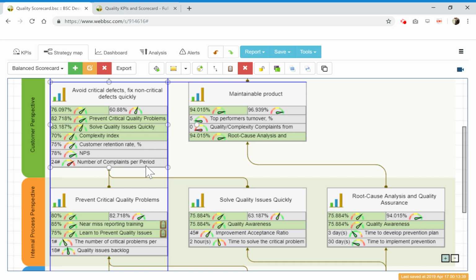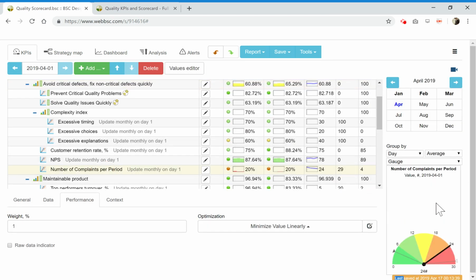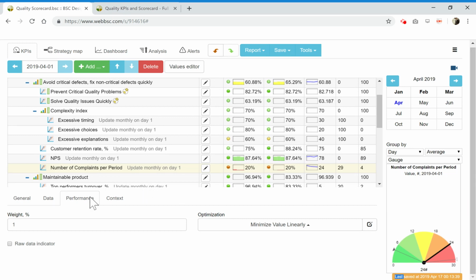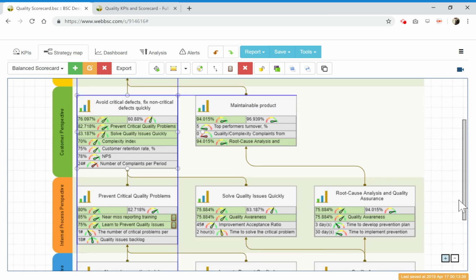Actually, as you can see, I can switch to this view. This indicator is in minimization optimization. So fewer complaints is better, but it's not always the case. Sometimes if we have no complaints, it doesn't mean that people like the product. Probably it means that there are some complexity issues, and that's why we actually have the complexity indicator here as well.